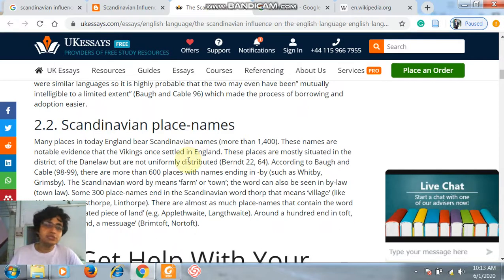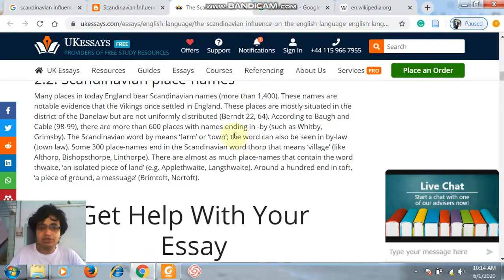So this is the historical background of the Scandinavian invasion into Great Britain. Now, what we can say is that Scandinavians greatly influenced the English vocabulary, particularly in its place names. For example, according to Baugh and Cable, there were almost 600 places with names ending in -by, such as Whitby, Grimsby.